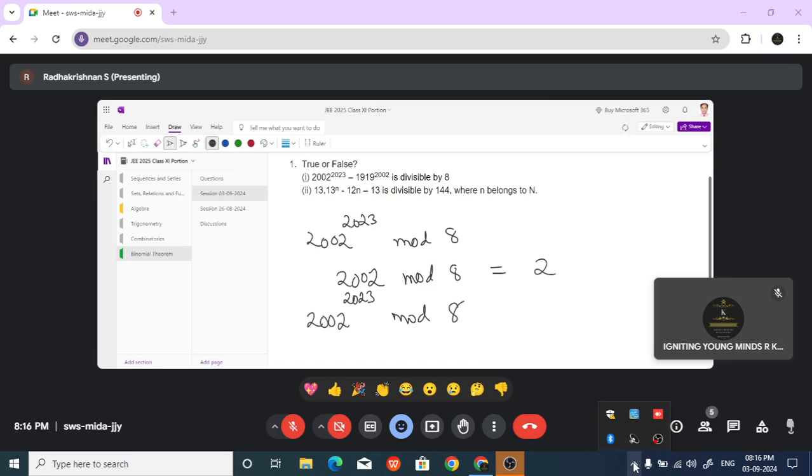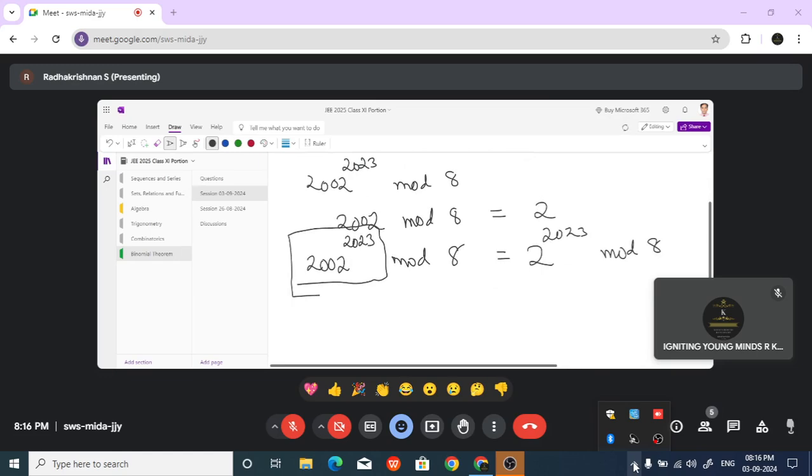It is very difficult for us to find this, right? So we cannot do this calculation. But we can simplify this to 2 power 2023. And 2 power 2023 is simply 2 cube, we can write it like this, 8 into 2 power 2020.